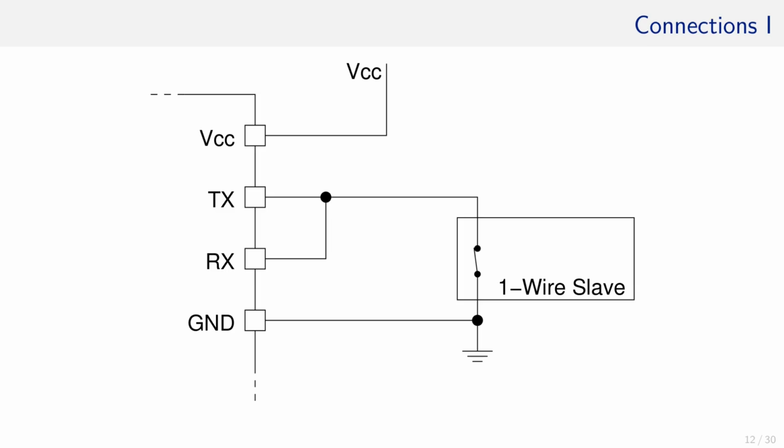Somehow the TX needs to be connected to RX and the one-wire bus. Hence this setting might be considered. We have the TX here directly connected to RX. We also have a one-wire slave here that can connect the wire to the ground to write a 0 to it. However, that setting might cause an issue.